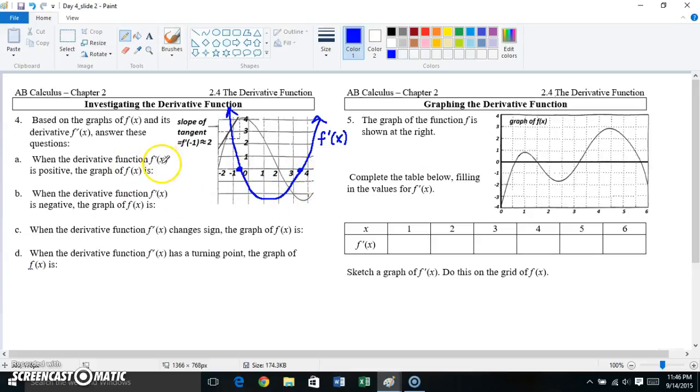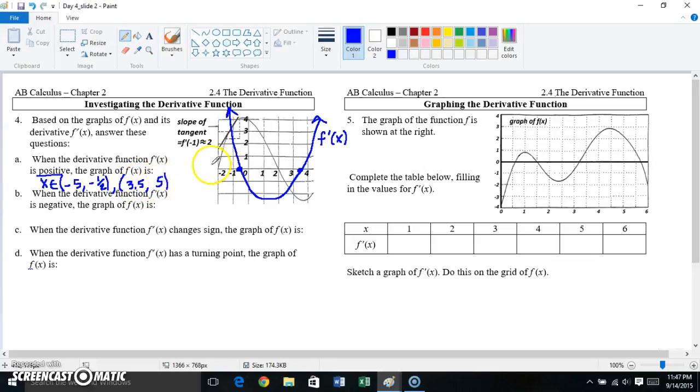All right, when is the derivative function, when is the blue graph positive? Okay, well, it's positive for x from -5 to -0.5, and also from 3.5 to 5.